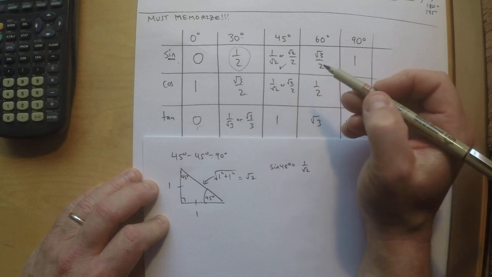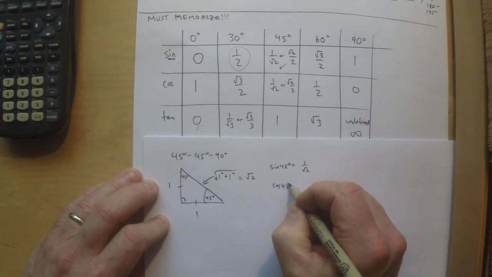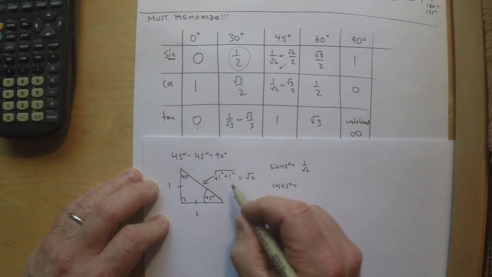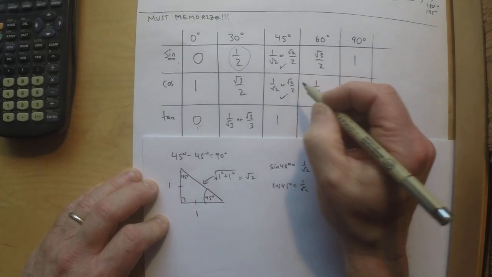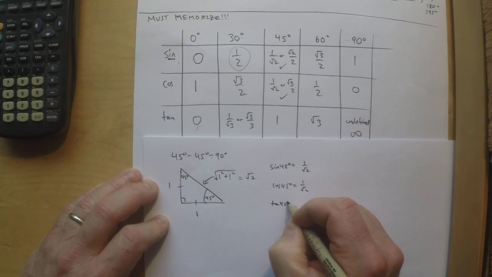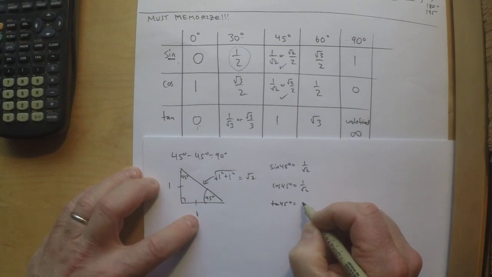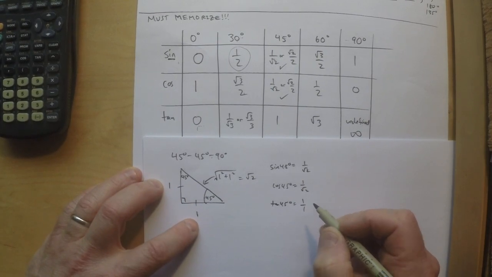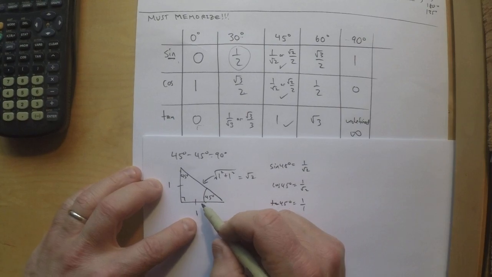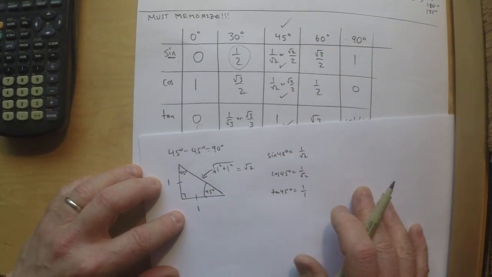That's where that's coming from. Cosine, same thing, sitting at 45 degrees, adjacent over hypotenuse. And tan of 45 degrees is 1 over 1, opposite over adjacent. So that little triangle gives you 45.